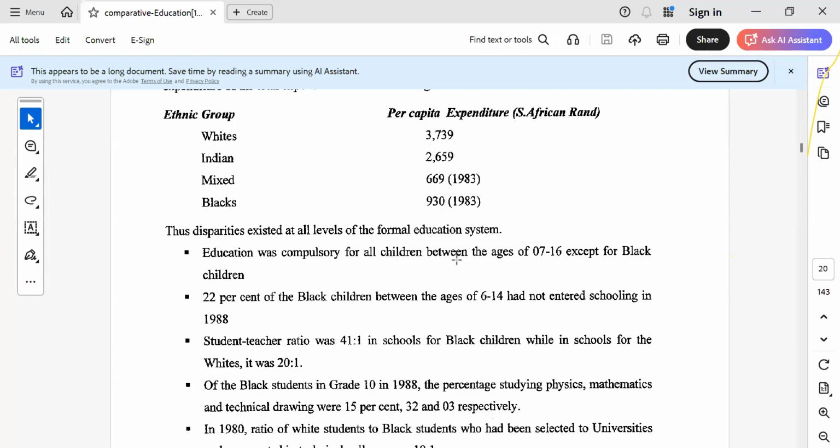Of the black students in grade 10 in 1988, the percentages studying physics, mathematics, and technical drawing were 15%, 32%, and 3% respectively. So they are allowing only 3% of black students to learn technical drawing.